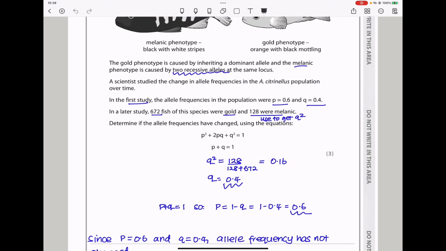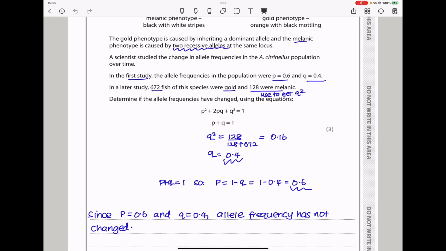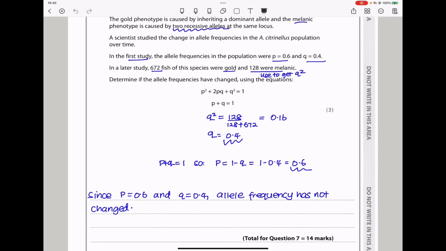And therefore q is going to be 0.4. This is the allele frequency for the recessive phenotype. I use the formula p plus q is equal to 1. So p is 1 minus q, which is 1 minus 0.4, which gave me 0.6. So we can see the allele frequency is still q equal to 0.4 and p equal to 0.6. So allele frequency has not changed.